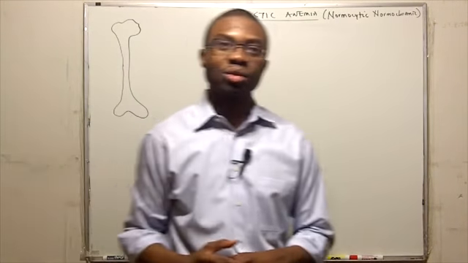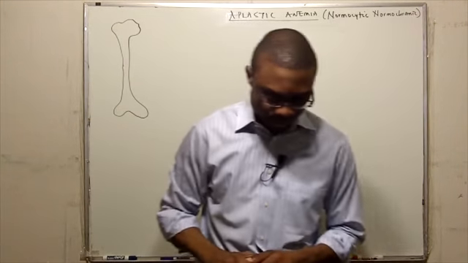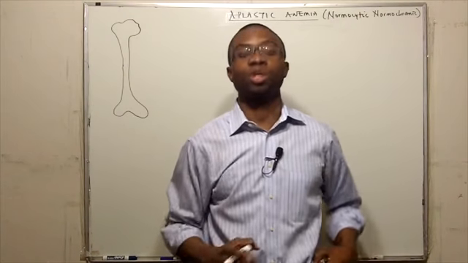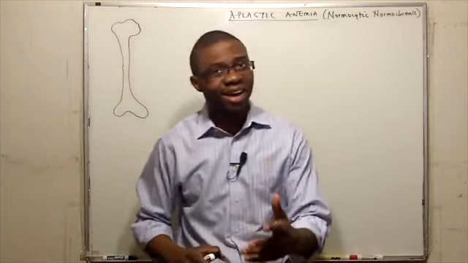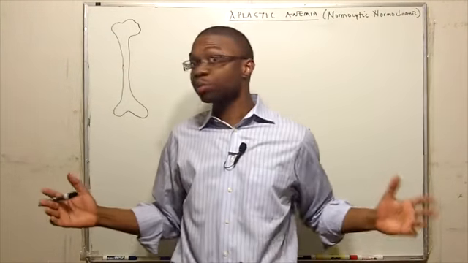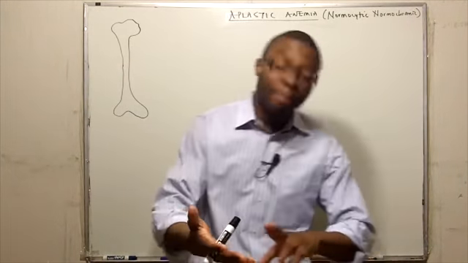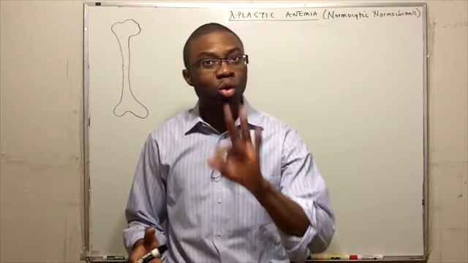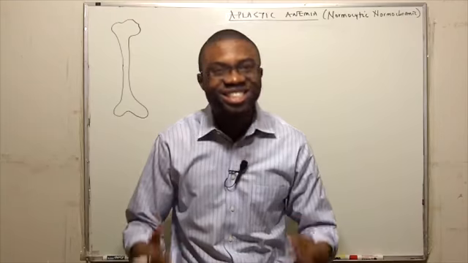What are the general characteristics of aplastic anemia? Well, this is actually bone marrow failure. The bone marrow has failed to do its job. What does bone marrow do? Let's think about it. It makes red blood cells, it makes platelets, and it makes white blood cells. Those three cell lines, that's its job.